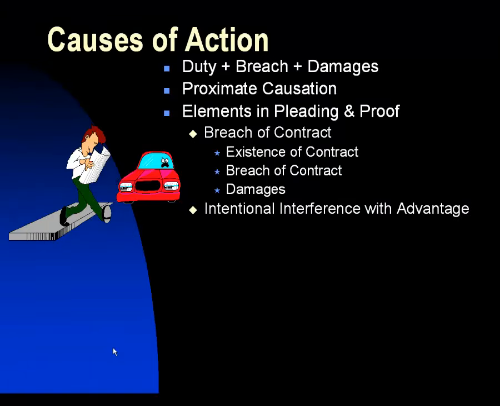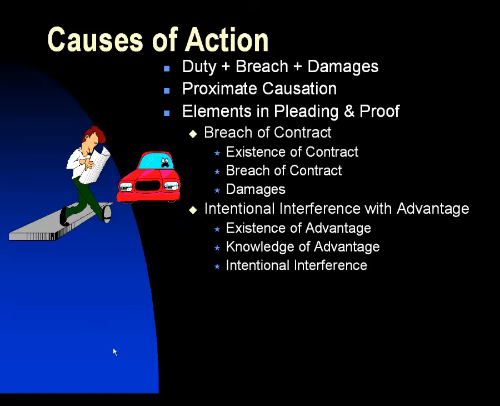Now here's another cause of action: intentional interference with an advantage. Usually this is a business advantage or an advantageous business relationship. Now the elements in this case are the existence of an advantageous relationship or advantage, the knowledge on the part of the defendant that there was this relationship or advantage, the intentional and unjustified interference with that advantage, and that the plaintiff suffered damages.